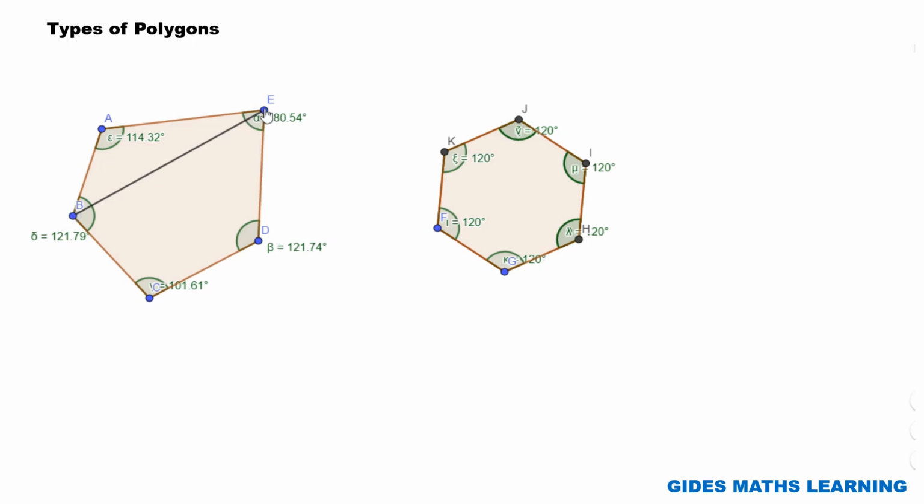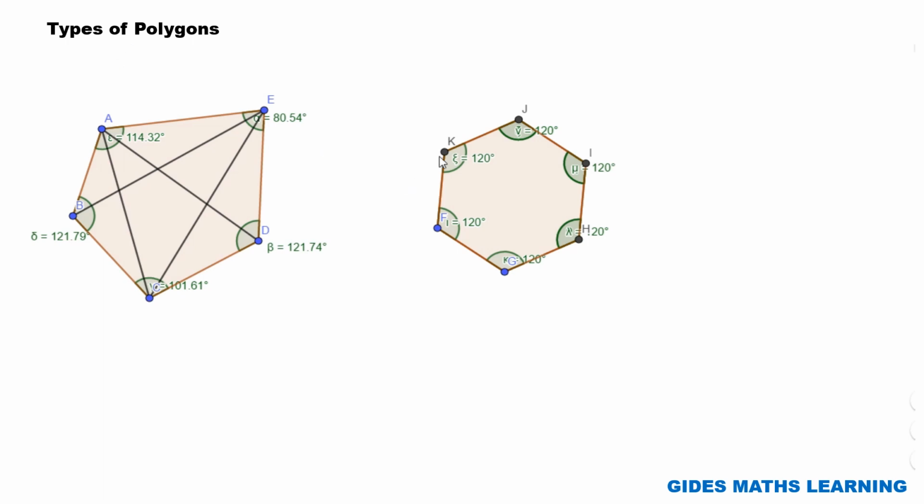You can also have a diagonal from here to point C, a diagonal from A to C, a diagonal from A to D. Now, none of these diagonals is having its parts outside the polygon. All the diagonals lie within the interior of the polygon, and so this is one property of a convex polygon.